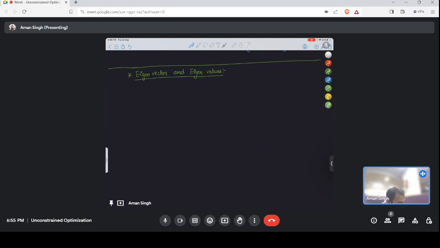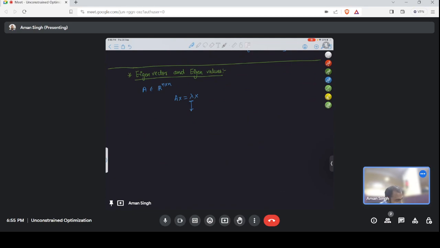For any square matrix A, which we'll represent as R n cross n, eigenvalues are the scalars and eigenvectors are the vectors. Eigenvalues can be both real and complex, and are given by this, which satisfy this equation.